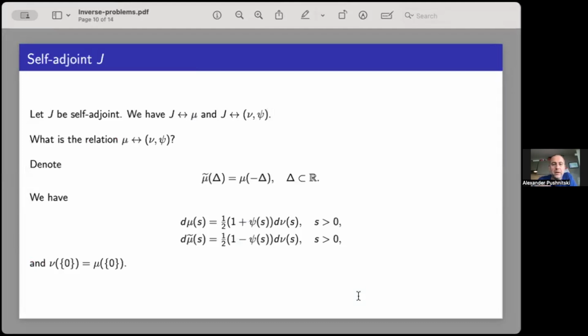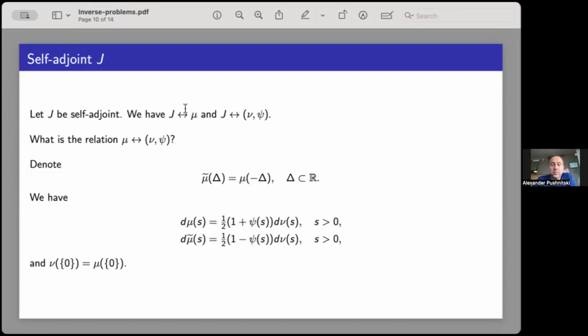So now it's natural at this point to ask the following question. Imagine we have a self-adjoint matrix J. Then we have two inverse spectral problems. The traditional one, which I described in the first part of my talk, and this new one where you think of mod J and the phase function.